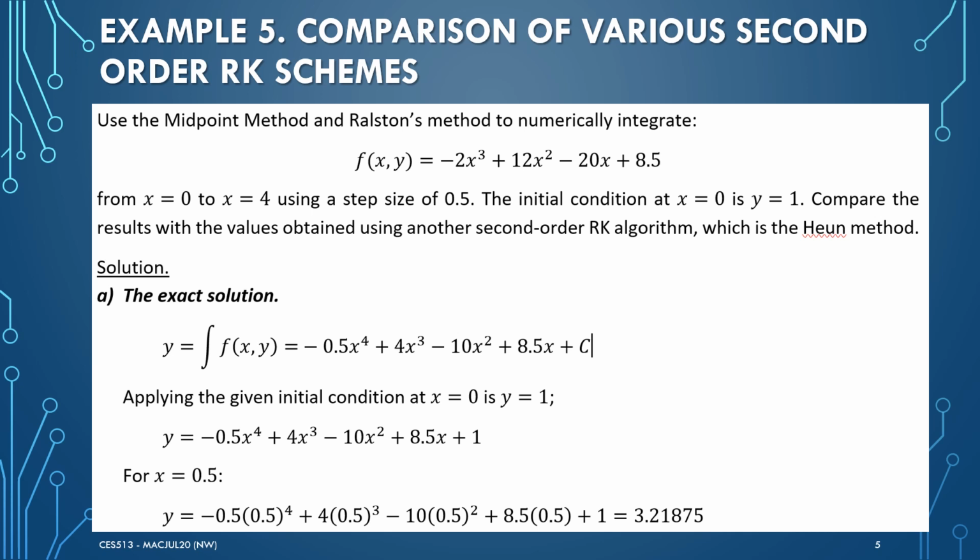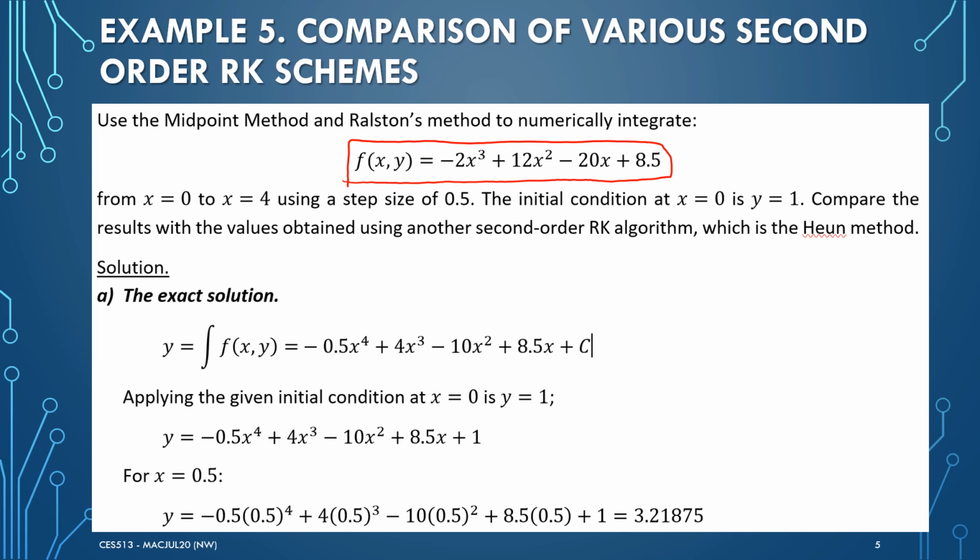Now we look at example 5 from the lecture notes, a comparison of various second order Runge-Kutta schemes. The question is: use the midpoint method and Ralston's method to numerically integrate the function dy/dx equal to negative 2x cubed plus 12x squared minus 20x plus 8.5, from x equal to 0 to x equal to 4, using a step size of 0.5.